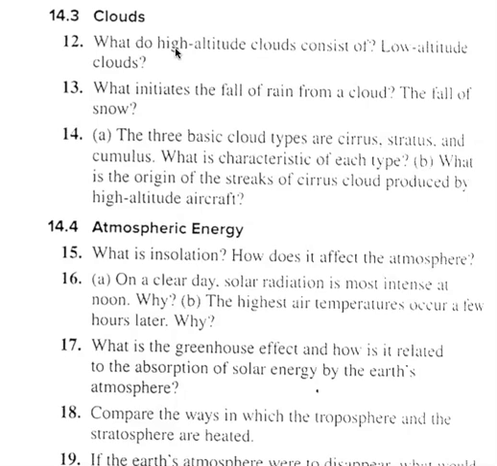And number 13, what initiates the fall of rain from a cloud and the fall of snow? It is the sudden cooling. In a cloud, fine drops of water circulate up and down, cooling and getting larger as they go up. When the droplets move upward in the cloud, they cool even more and get a little larger each time they cycle.